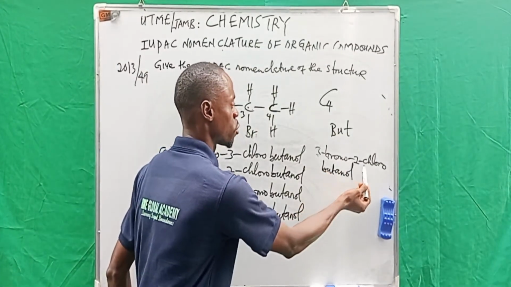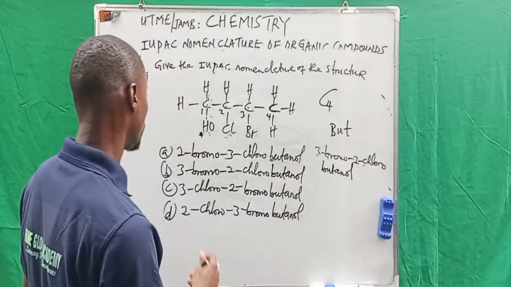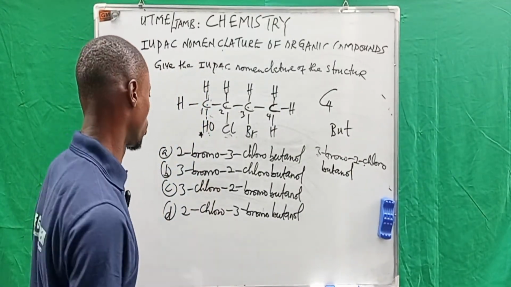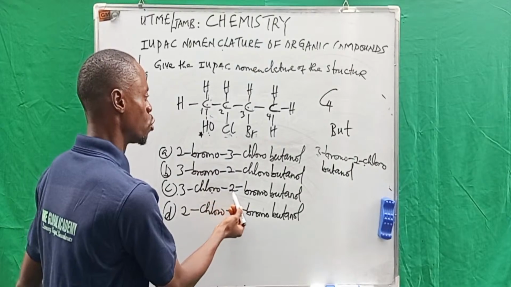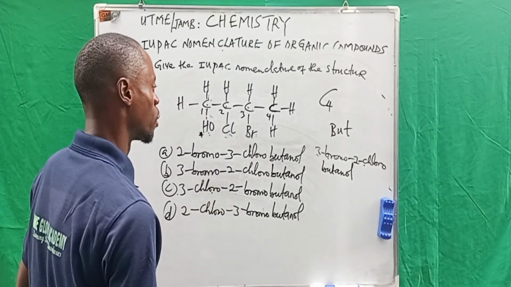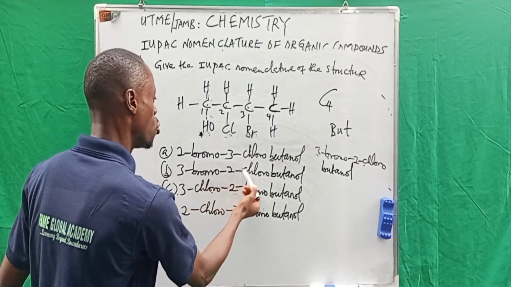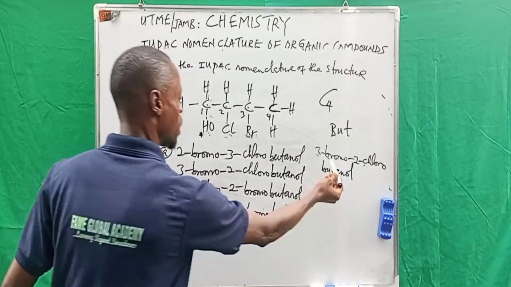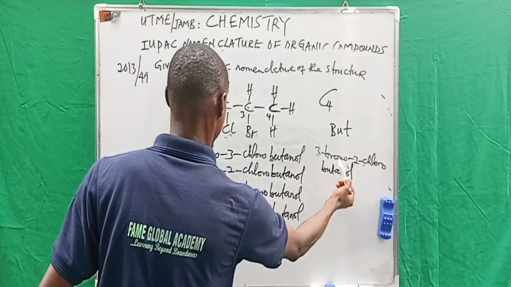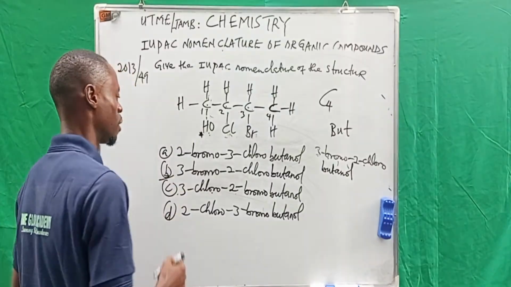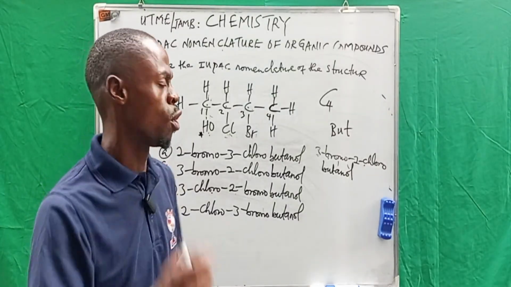B comes before C alphabetically. So the correct answer to this question is 3-bromo-2-chloro-butanol. That's option B.